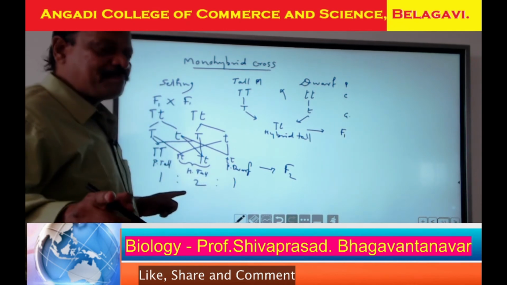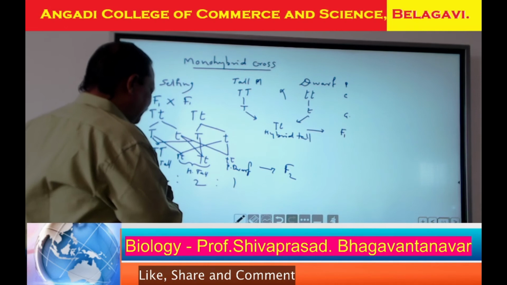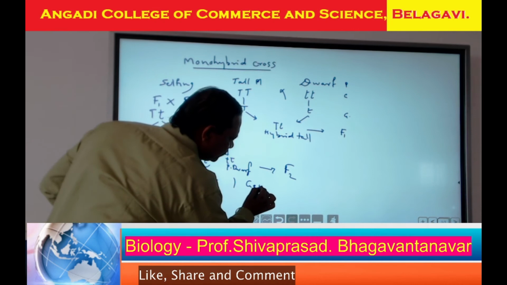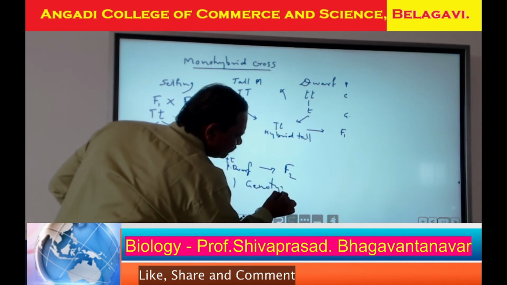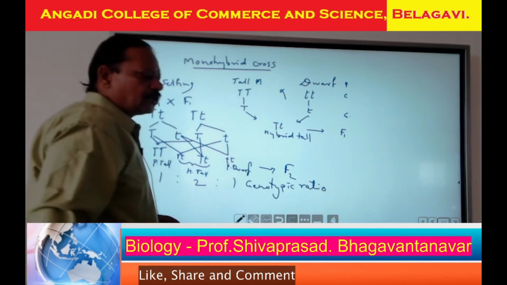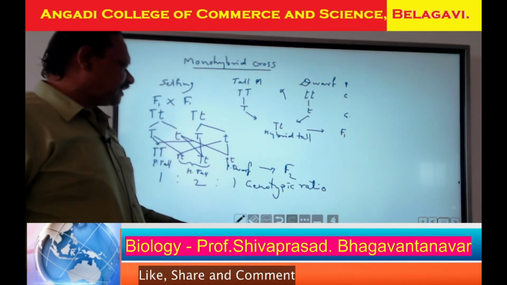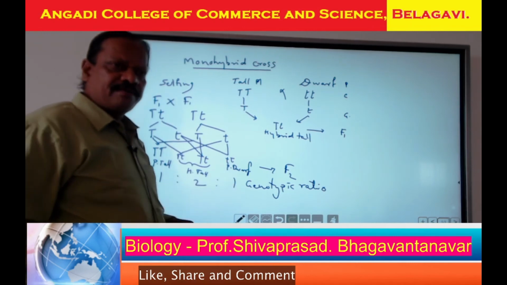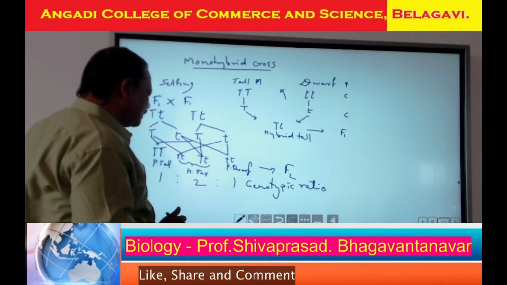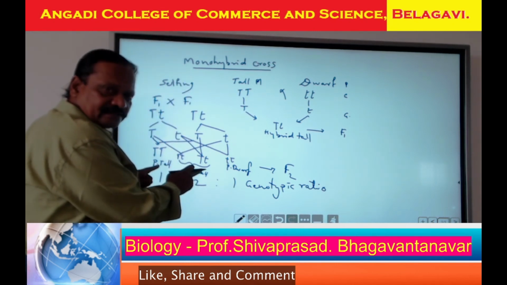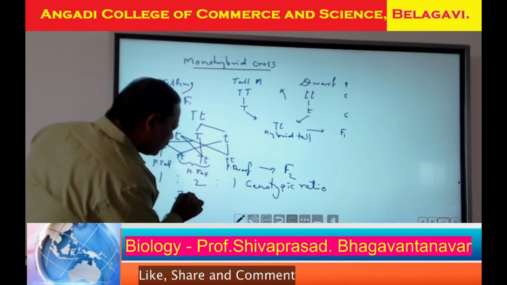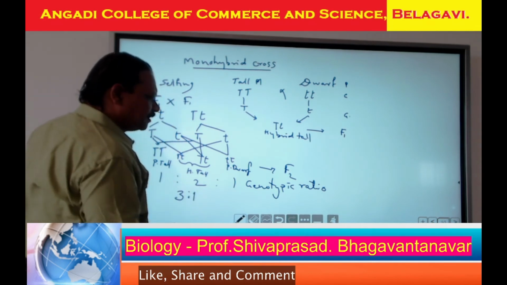So the genotypic ratio of a monohybrid cross is 1:2:1. So I am writing here, genotypic ratio. And for the phenotypic ratio, the morphological character, that is 3 tall plants and 1 dwarf plant. So 3 tall, 1 dwarf.